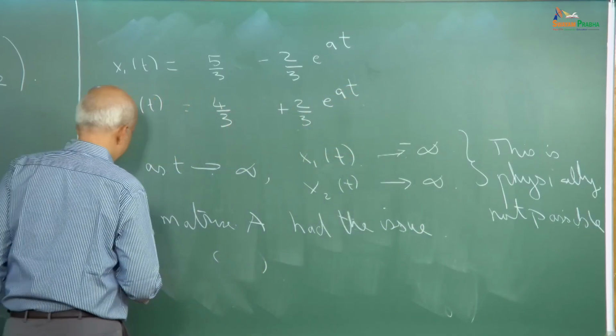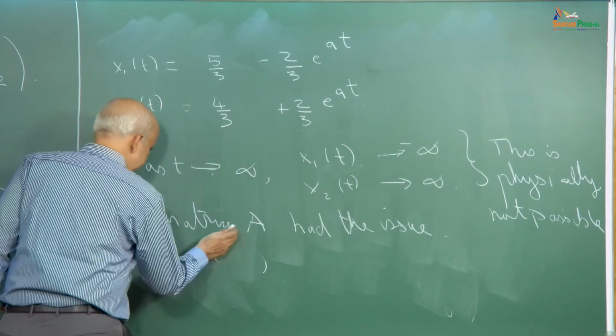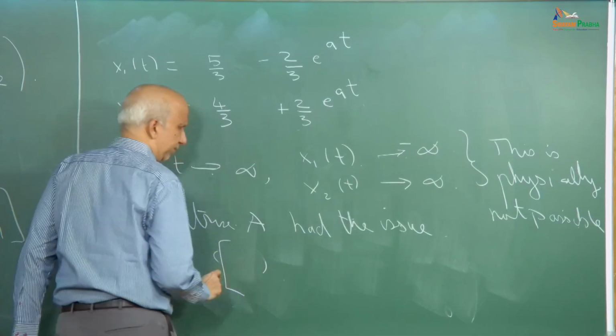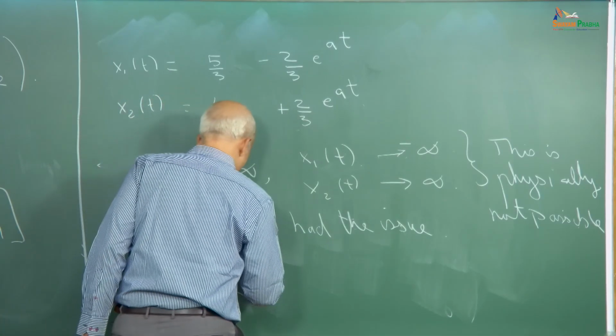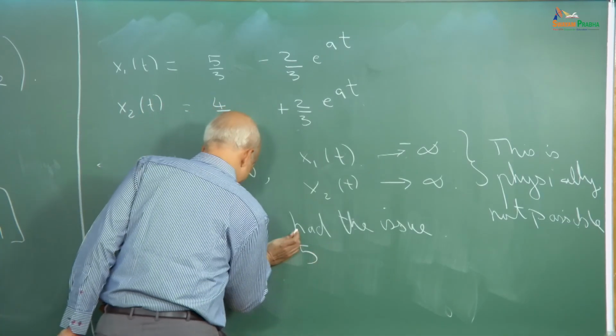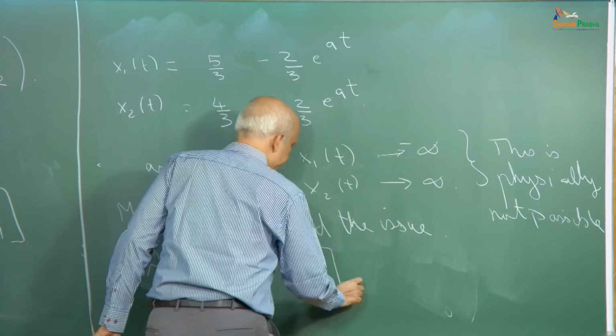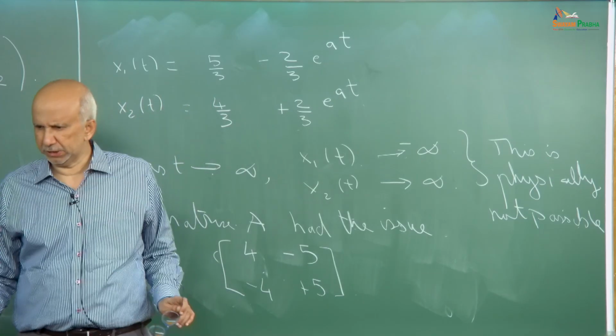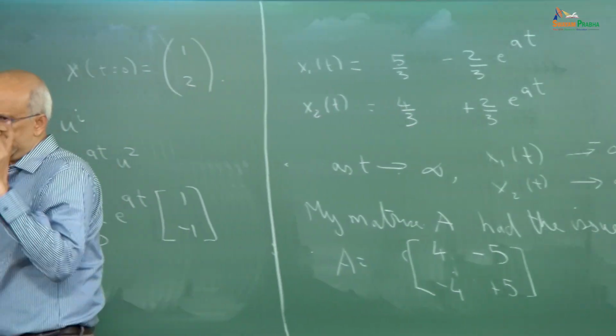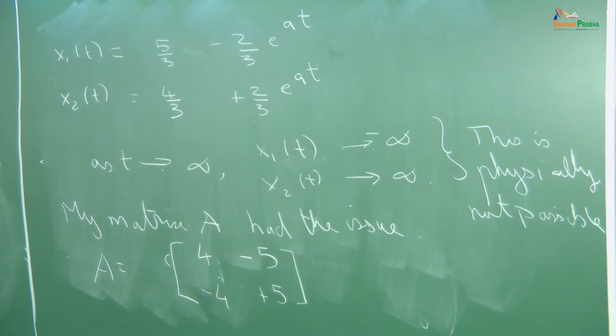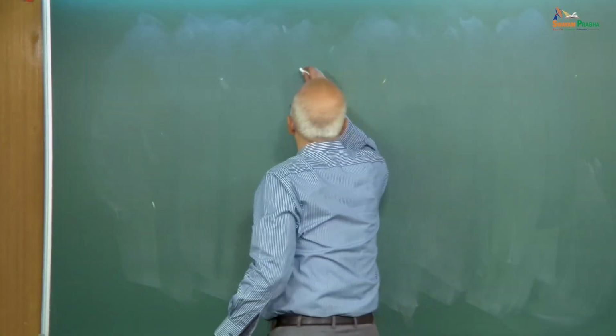Can you tell me what the matrix A was? Some 4, minus 4 plus 5. Just to explain why this sign is incorrect.